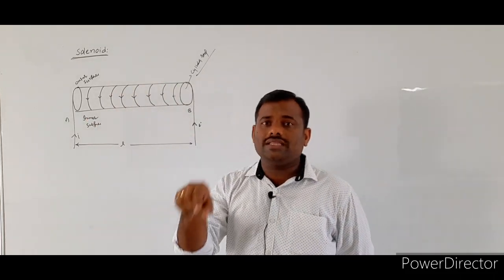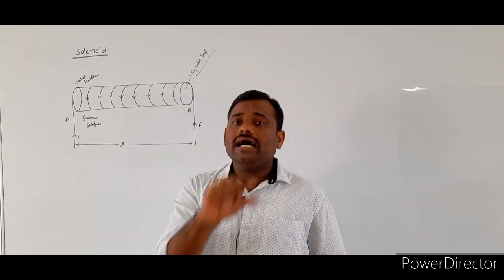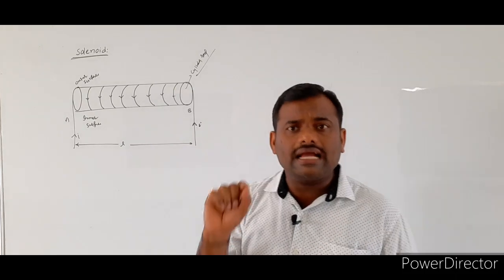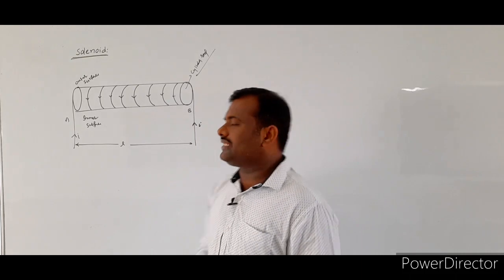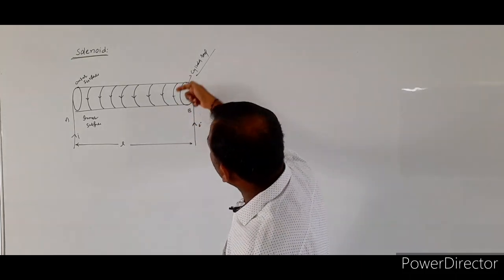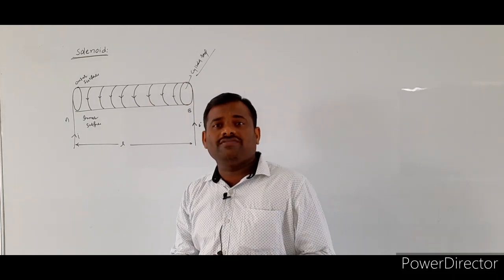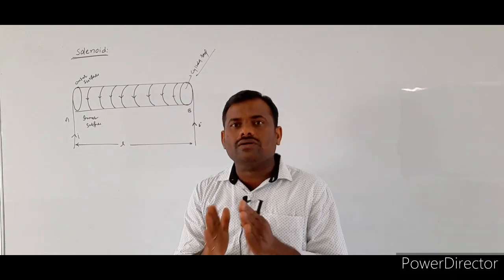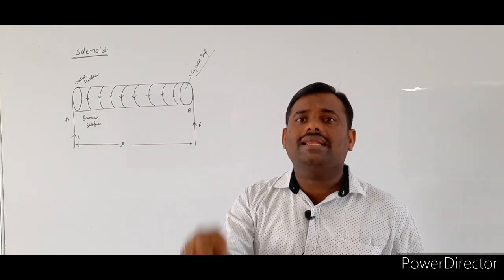While you are choosing the conducting wire, the outer surface of the conducting wire must be insulated. That means whenever you are forming the so many number of loops, we have to take the precaution. These loops should not be in contact. These circular loops should not be in physical contact.